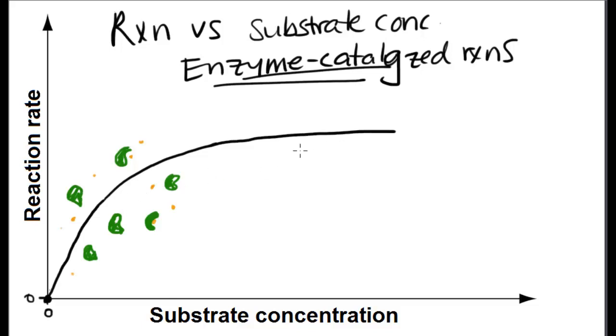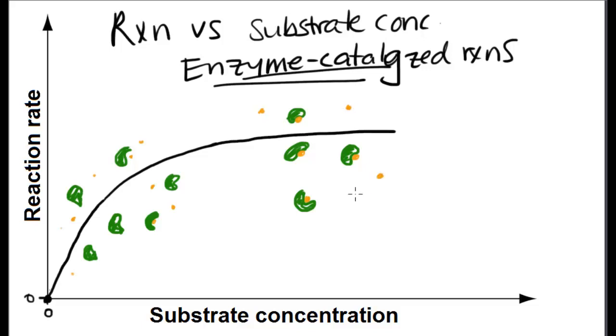And then finally, up here, every single one of my enzymes is always full of substrate. Which doesn't mean my reaction has stopped, because I've still got these enzymes catalyzing reactions, right?